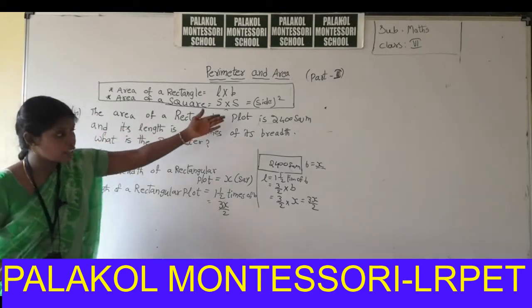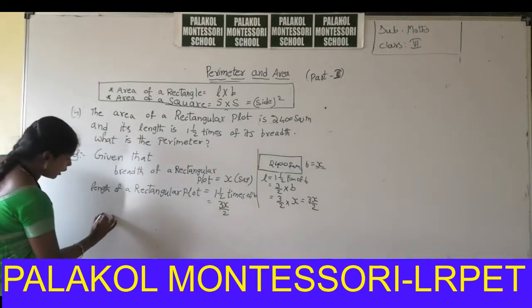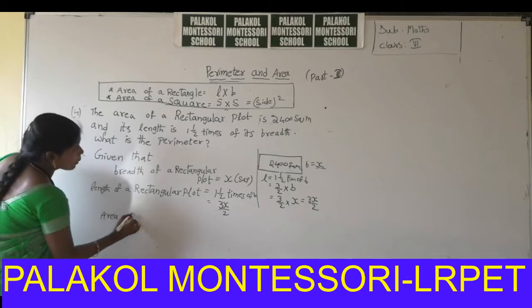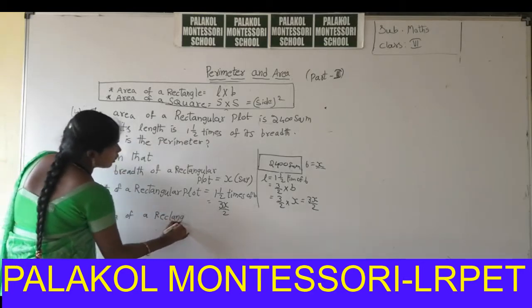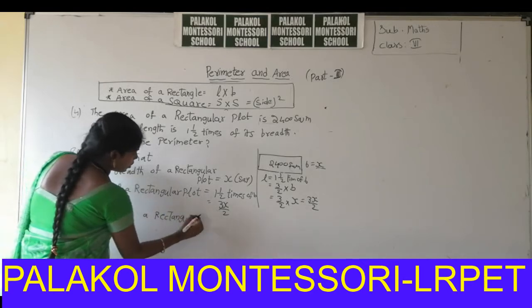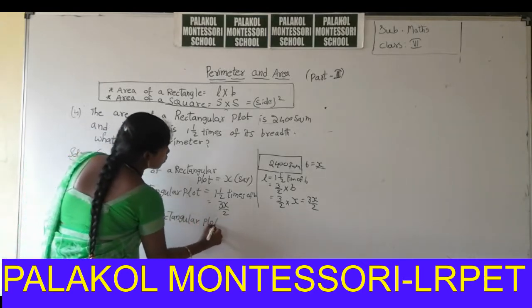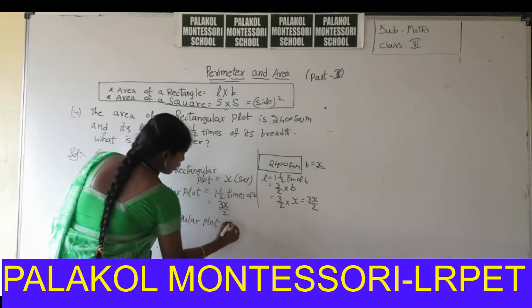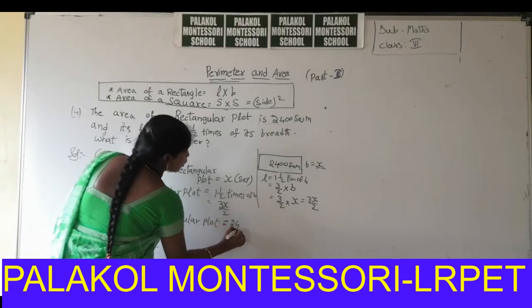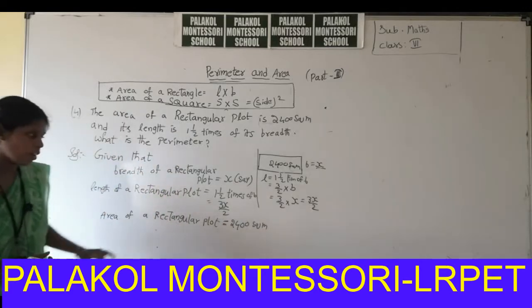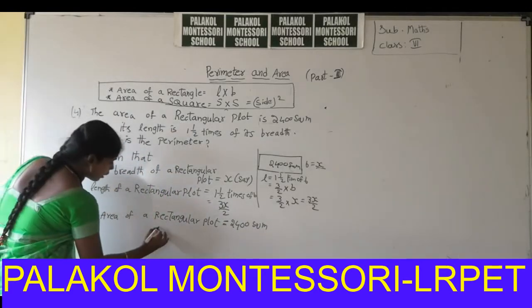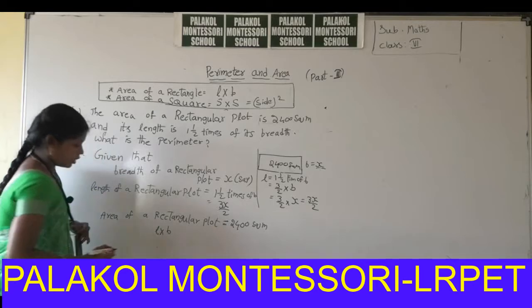The area of the rectangular plot is also given. Therefore, the area of the rectangular plot is equal to 2400 square meters. We know the formula, area of a rectangle is length into breadth.